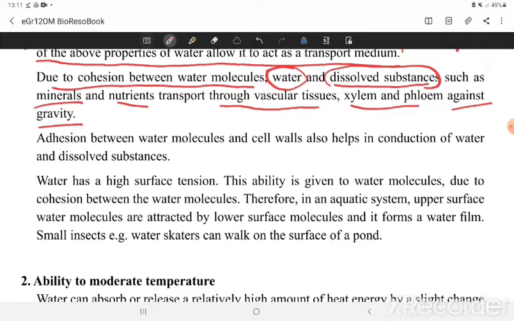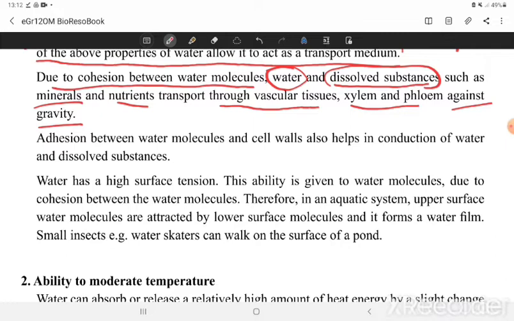So due to the cohesion between water molecules, water and the dissolved substances such as minerals and nutrients transport through vascular tissues. Now there's another point I have to mention: water also interacts with the dissolved substances. What are those dissolved substances? Minerals and nutrients. For example, glucose.